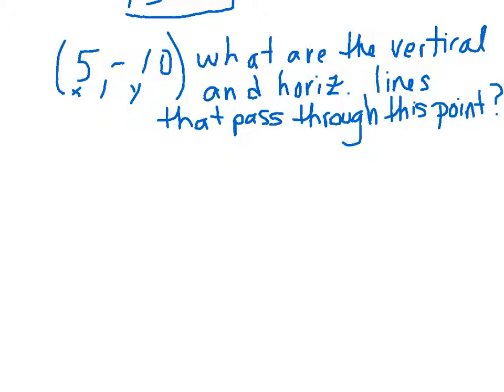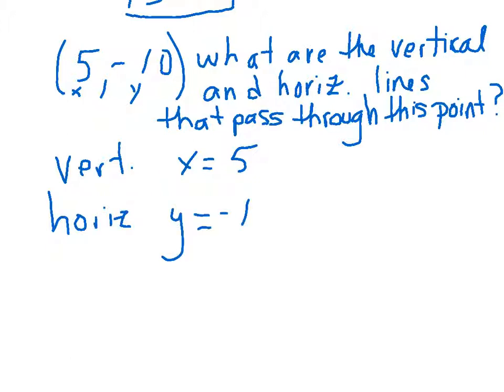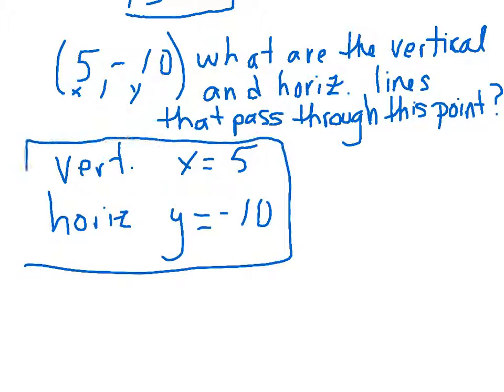So sometimes just labeling things can really help out. Okay, so our x value is 5 and our y value is -10. In other words, our vertical line is x equals 5 and our horizontal line is y equals -10. That is the answer to this problem, and I spent way more time talking about it than I really needed to.